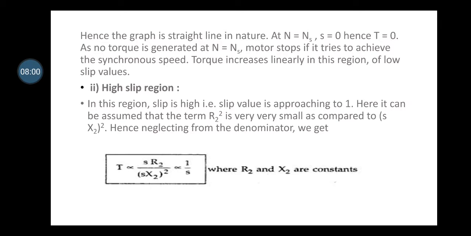So the torque becomes S R2 divided by S square X2 square. The torque equation becomes: torque is inversely proportional to the slip, because R2 and X2 are constants.